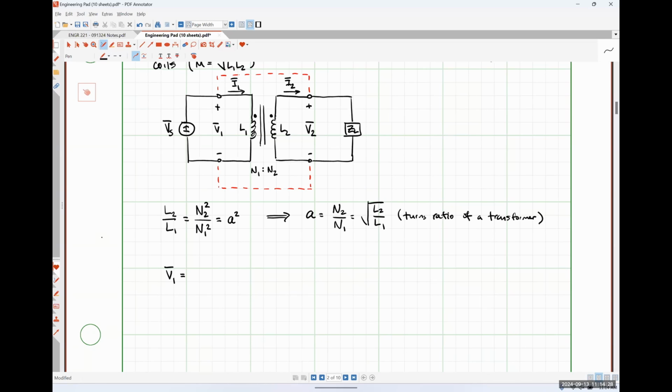So j omega L1, because we're dealing with phasors, j omega L1 I1. My positive polarity terminal is at the dot, and my current I2 is flowing into the undotted terminal, so I should have minus j omega M times I2. Are we okay with that?